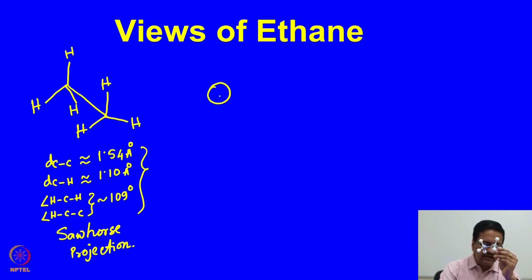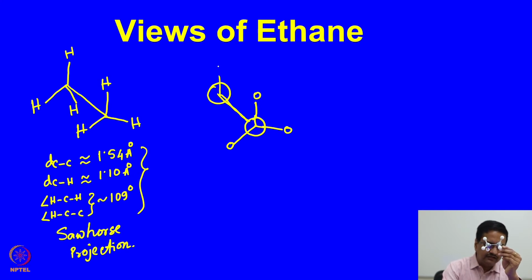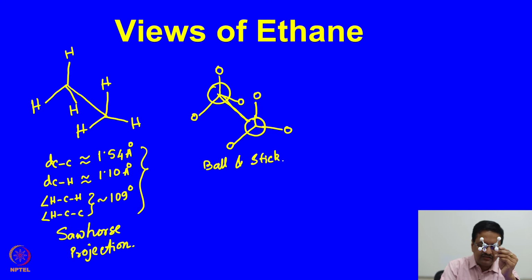The bigger atoms are my carbon atoms and the smaller atoms are the hydrogen atoms that are present on either carbon atom. So, this is called the ball and stick representation or projection.